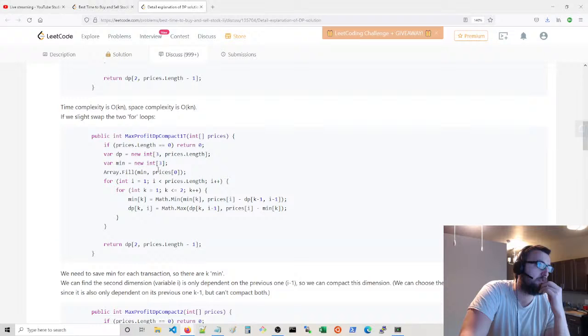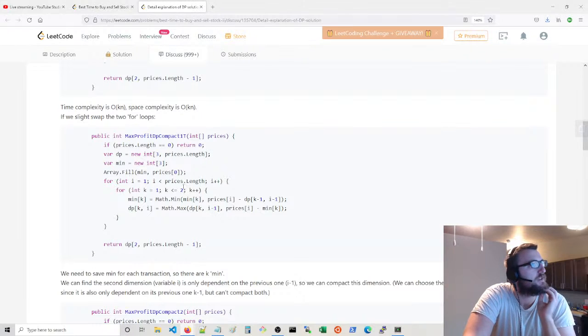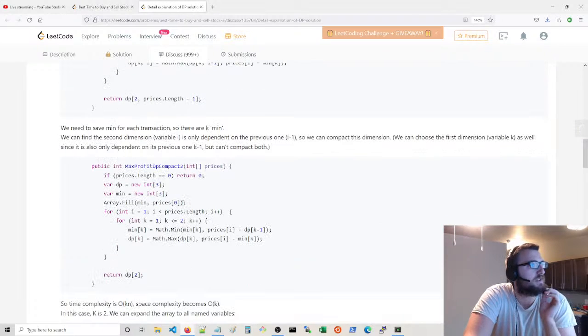Trying to think about, no wait, what would dp of 0 be? I think it's just always 0. I think dp of 0 is just 0 at all times. In this case, right? When k is 1, dp of 0 is what? It should just be 0, right?